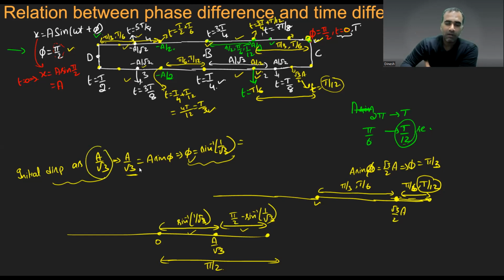So 1 by root 3. Root 3 means 1.732. So how much is 1 by root 3?